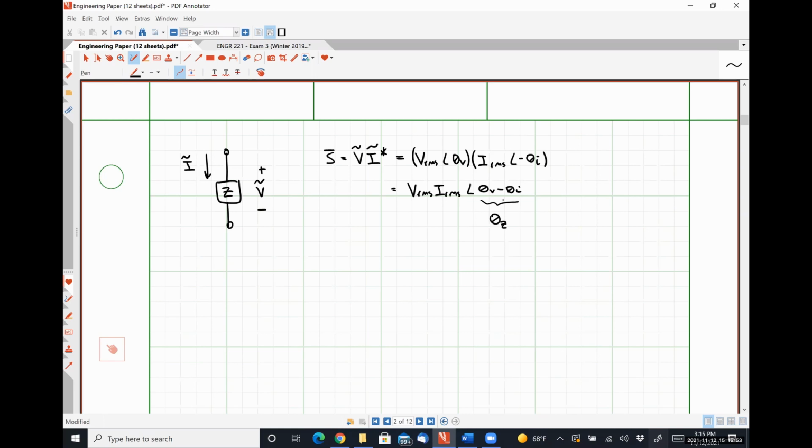So for sources, typically speaking, we've determined the power factor at which it supplies power. And for loads, we determine the power factor at which they absorb power. I always specify that on the exam. The reason we do it that way is if we find the power factor of a source, it's very likely going to be a negative quantity. That's okay. It just means it's supplying power.